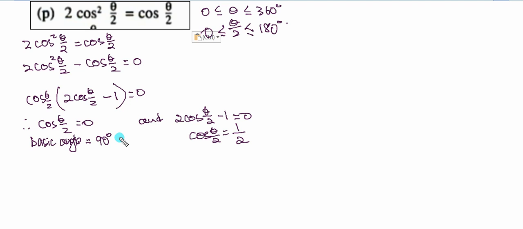Remember, cosine 0, that means theta over 2, the basic angle, equal to 1, then theta over 2 is 0. So if your cosine theta over 2 equal to 0, then the basic angle is 0. Still remember, hopefully. Okay, the table here.